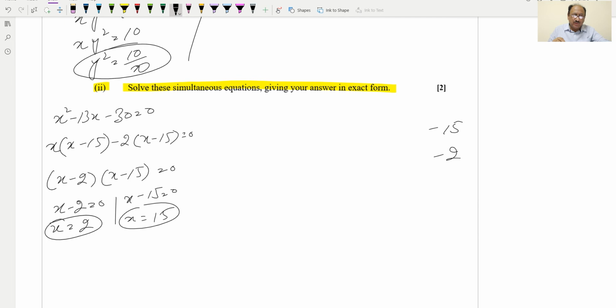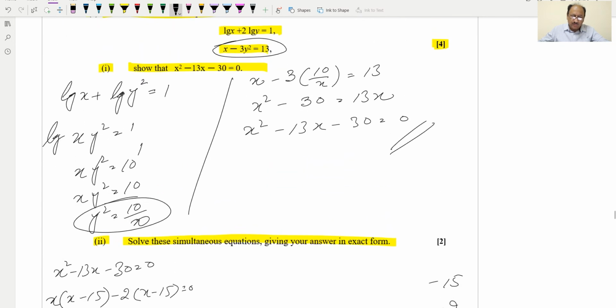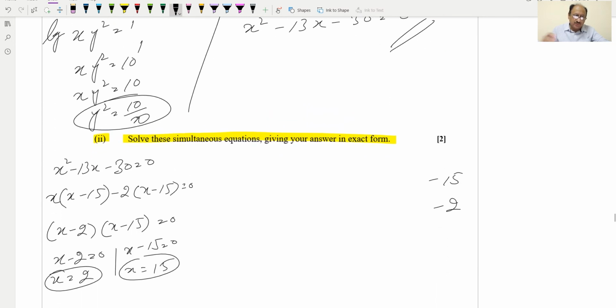Now these two values we can replace in the equation x minus 3y square is equal to 13. When we replace x is equal to 15, what will we get?